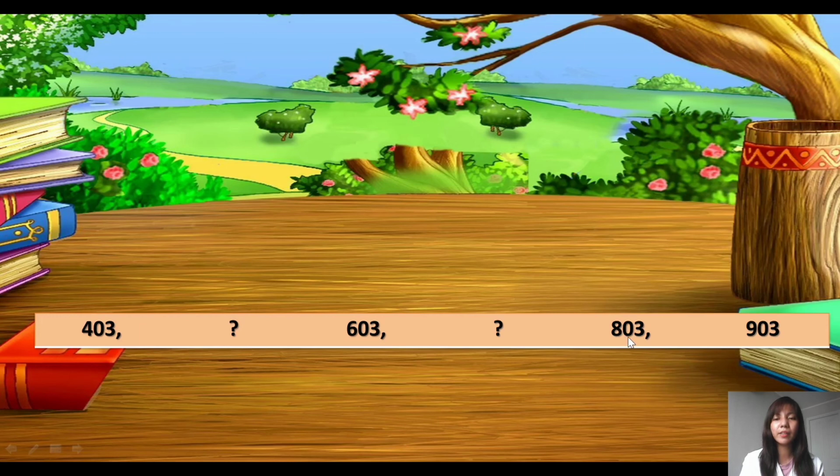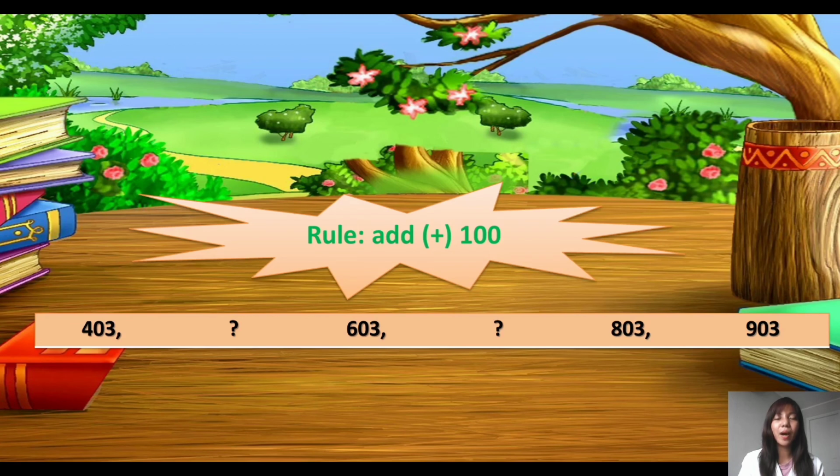So from 803, it becomes 903. So what do you think is the rule in this number sequence? It's okay to add 100 or plus 100. Alright, so now we can fill in the blanks.